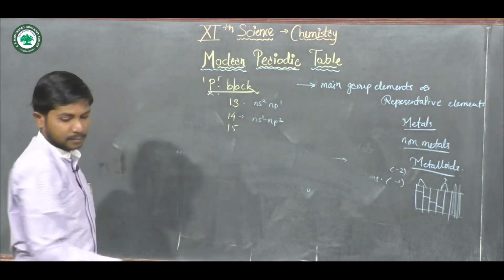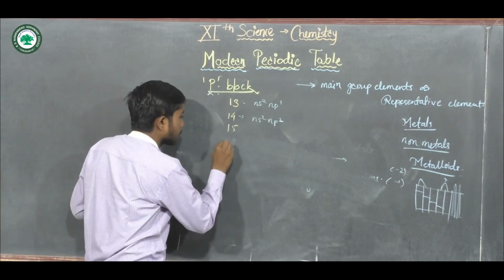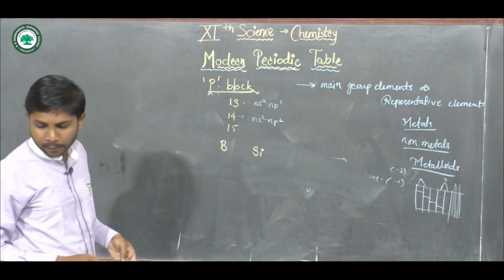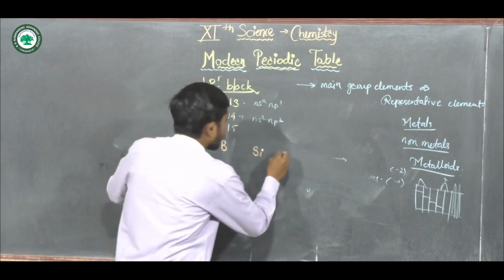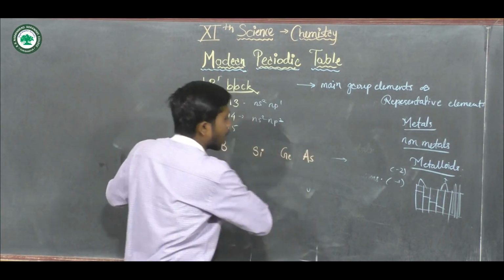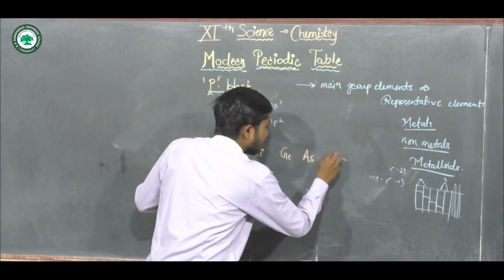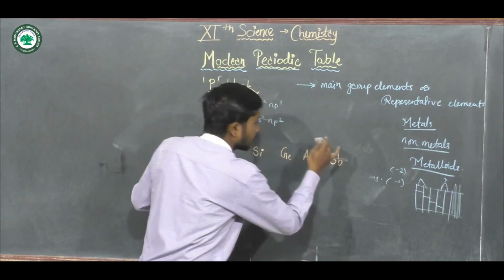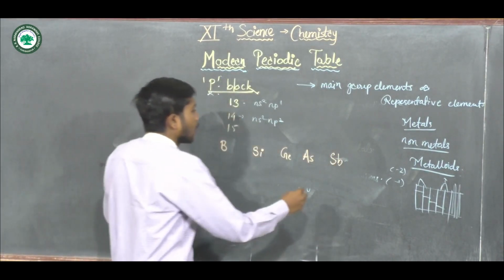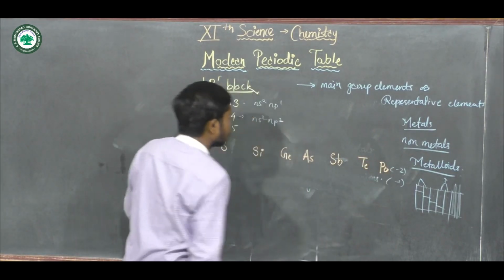Boron, silicon, germanium, arsenic, then antimony, tellurium and polonium.